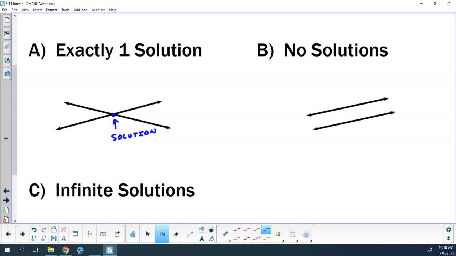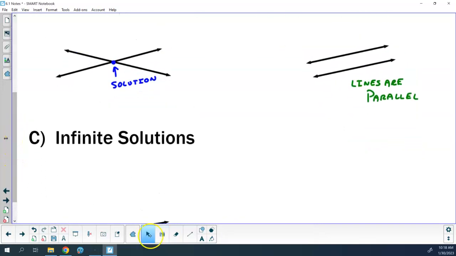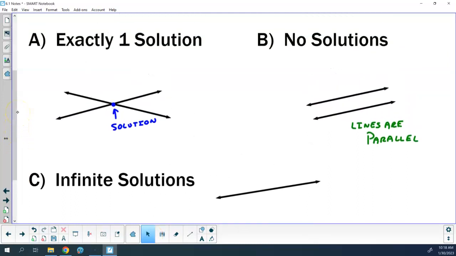Okay? So that intersection point would be the solution to our system. So we can have exactly one. We can have no solutions if the lines are parallel. Or we can have infinite solutions. Let me move this up here, and then that way we can get them all in one.